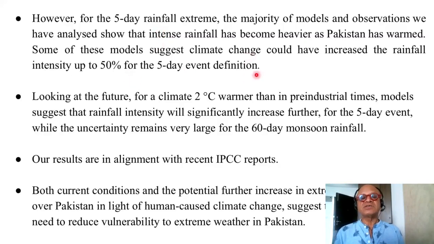Some of these models suggest climate change could have increased the rainfall intensity up to 50% for the 5-day event definition. Looking at the future for a climate 2 degrees C warmer than in pre-industrial times, models suggest that rainfall intensity will significantly increase further for the 5-day event, while the uncertainty remains very large for the 60-day monsoon rainfall.